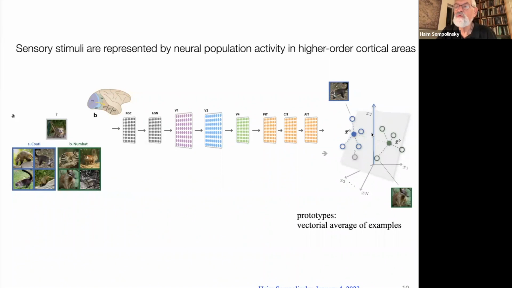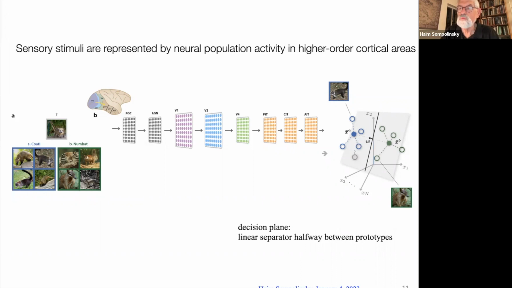So we have these 2 vectors. We throw away the examples. We just keep the 2 vectors. And now the test image comes. We just compare it to the centers. If the image is close in this feature space to B, then we say it's B. If the image is close to the centroid, the prototype A, we say A. That's our decision rule.